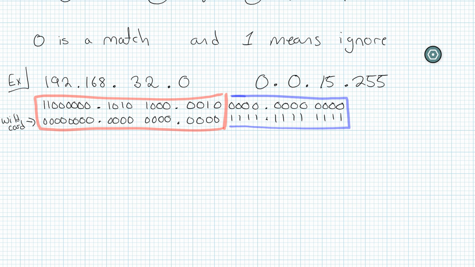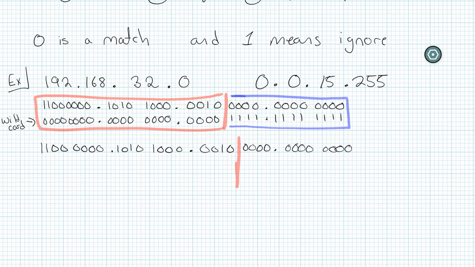So essentially, the smallest value we could get here is going to be 1100.000.1000.0010. So we've come right up to that breakpoint because we know those bits have to match. And if we were looking at the smallest possible address, we're just going to make the rest of them zeros. So we actually end up back with our network address, which is kind of handy.